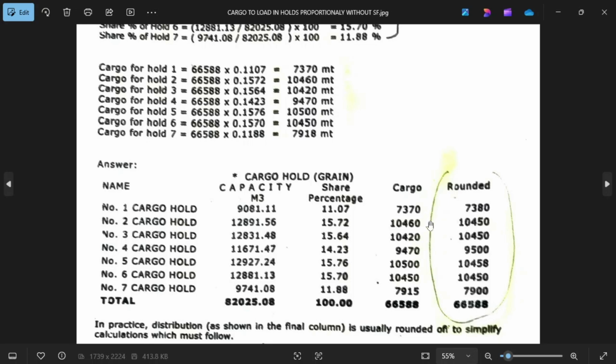What it did here is reshuffle the numbers, meaning rounded. For example, in number 7, 7915, we just put 7900, and maintain number 6. In number 5, he put 10,458. In number 4, he made it 9,500. So it depends on how you round it up. This is how it goes.